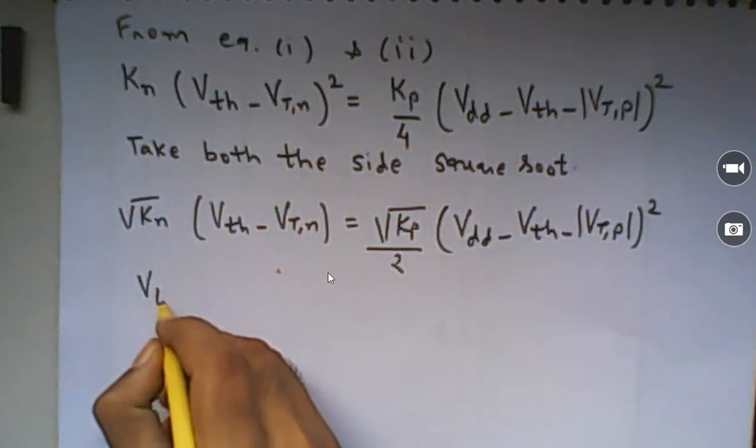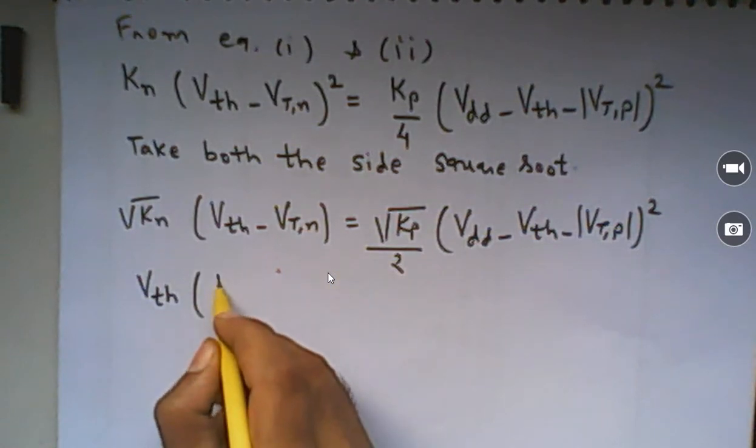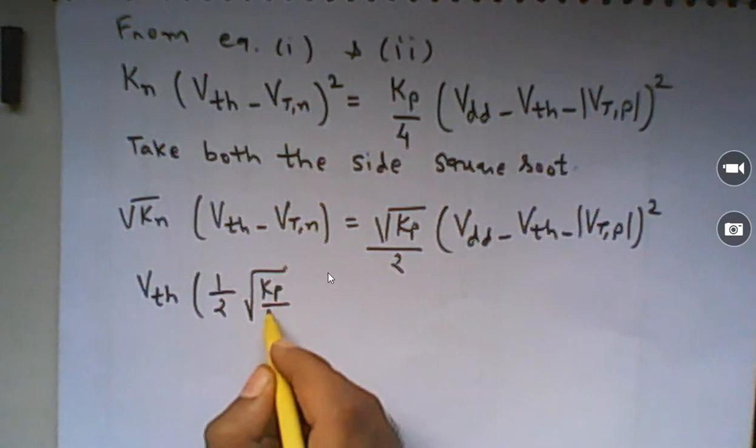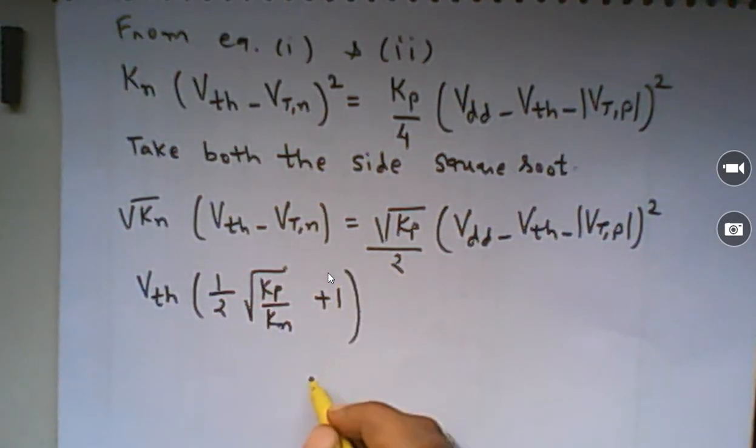So taking the common factor, from this it is root of Kn. Let me divide here, then it is 1 upon 2 root of Kp divided by Kn plus 1, right?